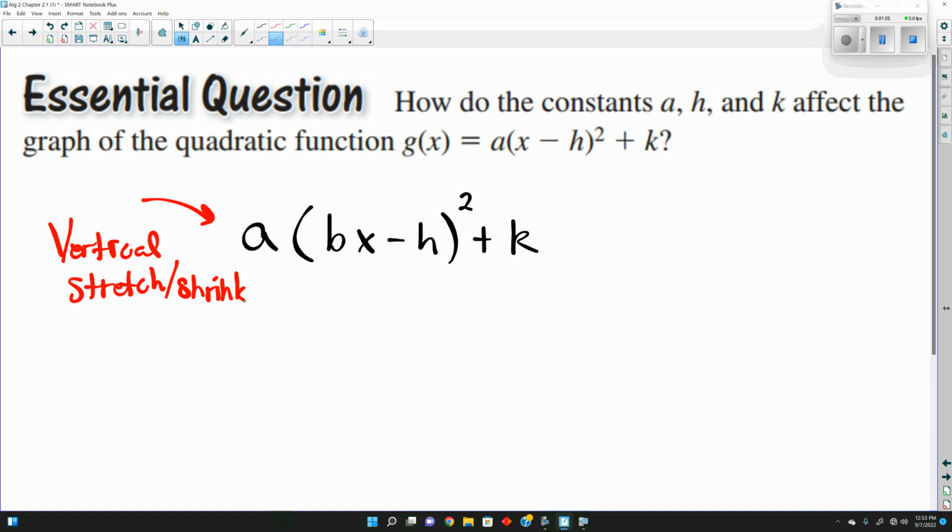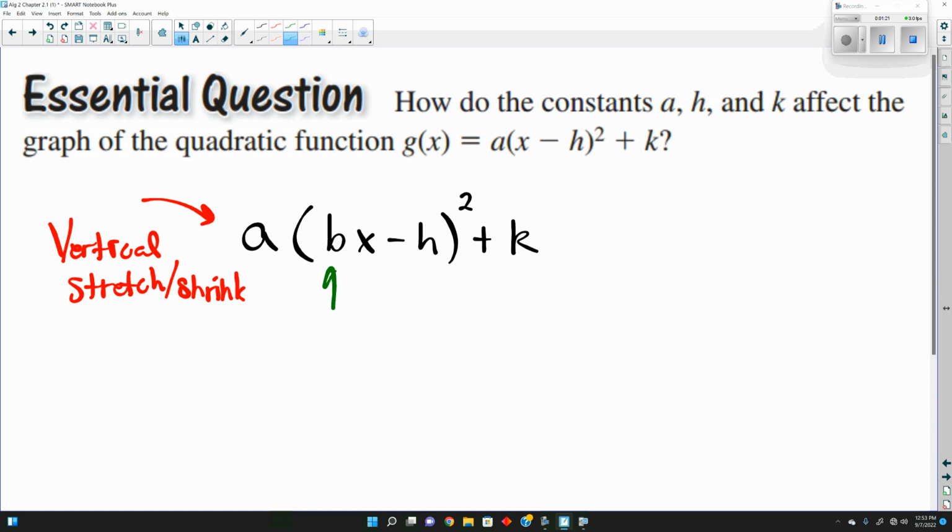It's a what? Reflection. Because if that value is negative, it's talking about reflections. Because we have a negative in the A or B spot, we're talking about a reflection. It's not applied to the stretch or shrink. So A is vertical stretch or shrink.